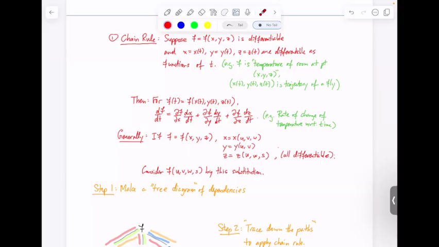But maybe each of these parameters themselves also depend on different or the same parameters. For example, maybe the cost of labor at factory A depends on u, v, and w, which have to do with interest rates of the particular province or state that factory A is located in. Maybe y is at factory B in a different location, so y also depends on interest rates, and maybe there's an extra tax at the separate location. So y depends on a few other variables and so forth.